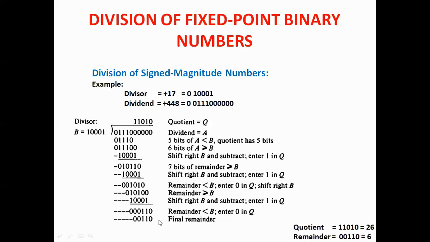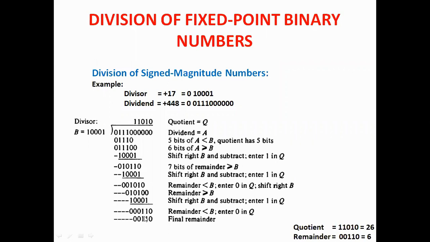But after that we see that there are no further digits after this 0 has been brought down. Since there are no further digits, we stop the procedure as in decimal division. So we say the answer is, this is the quotient and this is the final remainder.